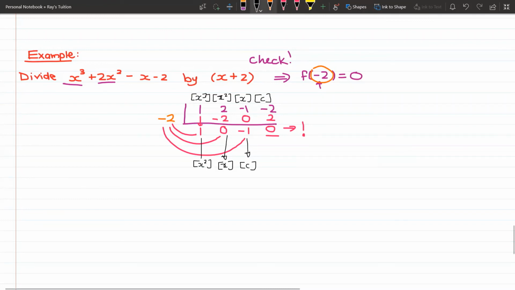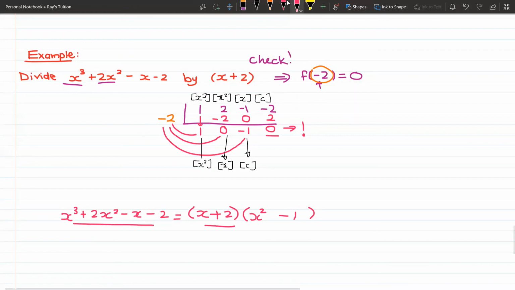So when we divide x cubed plus 2x squared minus x minus 2, which is equal to the one factor that we know, x plus 2, by that factor, what we get is x squared, and this is 0x, so we can leave it out, and minus 1. So if we divide this by x plus 2, we get x squared minus 1.